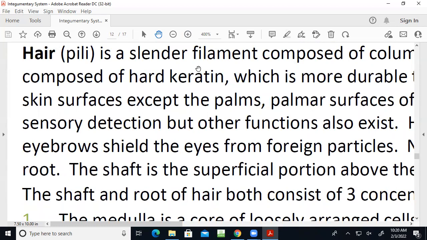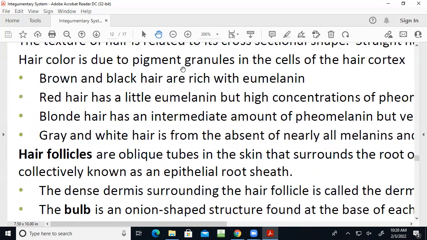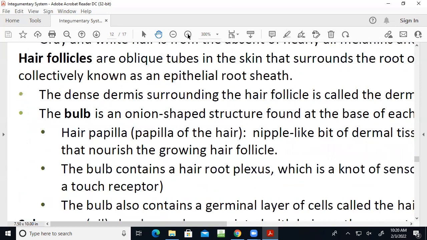Our first accessory structure we're going to discuss will be hair. Something that's pretty darn complicated. A lot goes on with our hair.